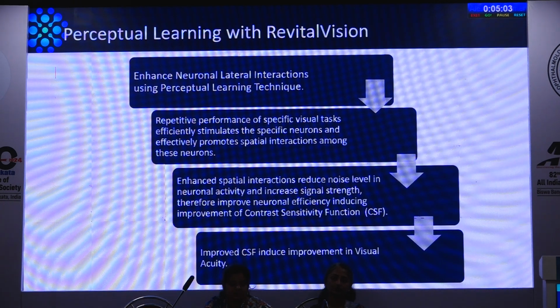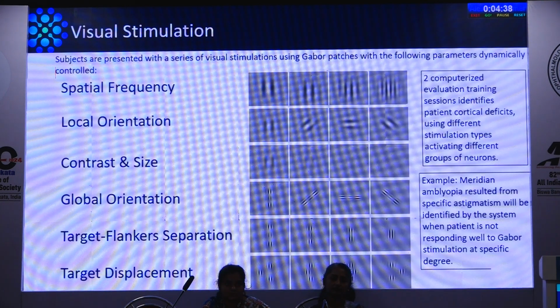Repetitive performance of the specific visual task efficiently stimulates the specific neurons and effectively promotes spatial interactions among these neurons. Enhanced spatial interactions will reduce the noise level in neuronal activity and increase the signal strength, thereby improving neural efficiency and the contrast sensitivity function. Improved contrast sensitivity function results in improvement in visual acuity. So this is how they present the stimulus.